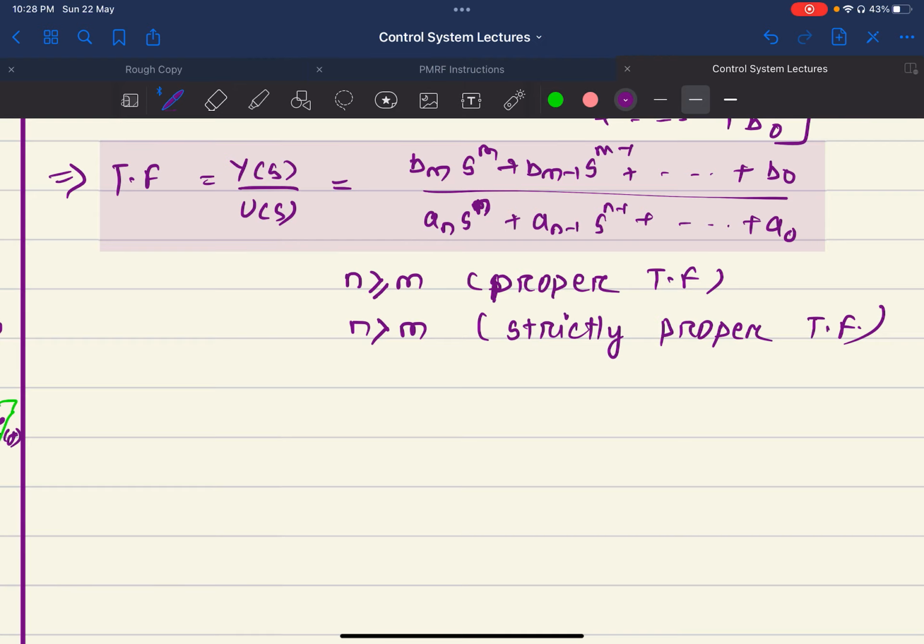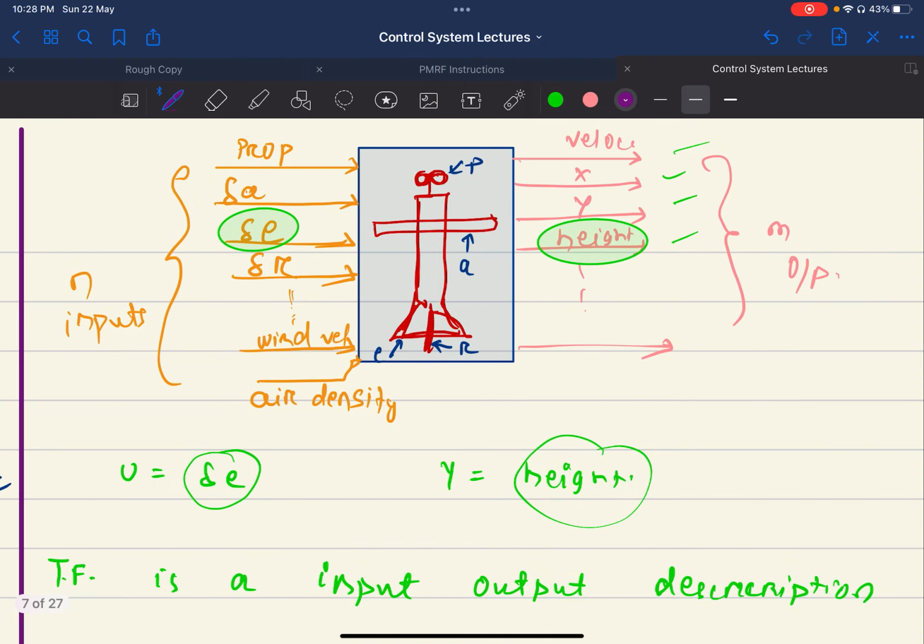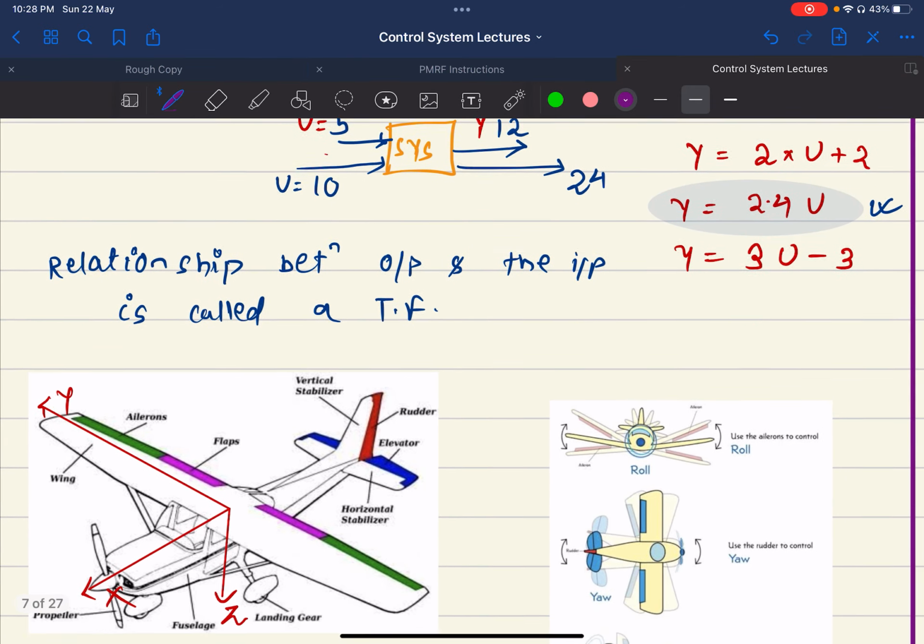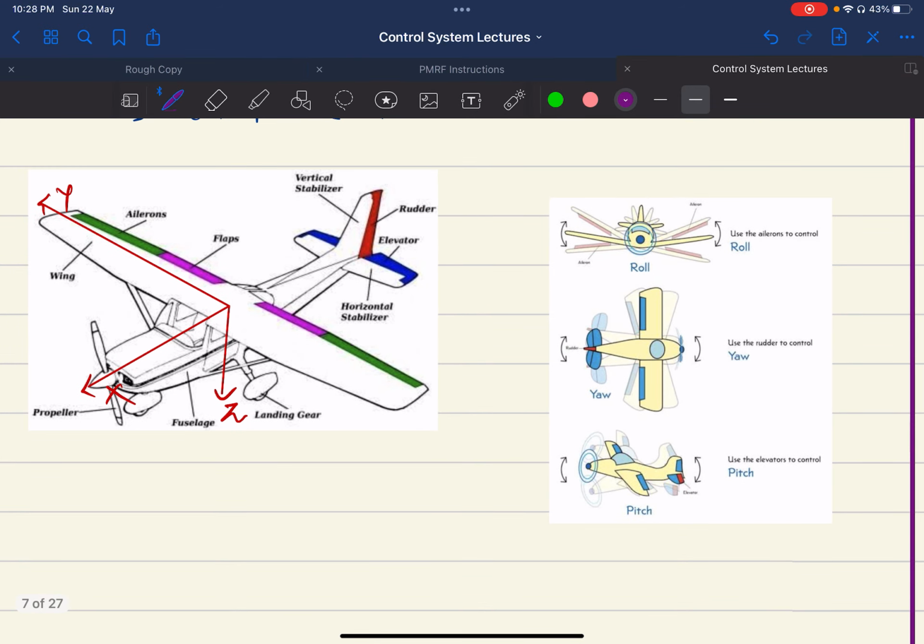So today what we have learned is what a transfer function is and the aerospace aspect of it: by changing the ailerons we can change the roll, which is about the x-axis; by changing the elevator we can change the pitch, like the vehicle going up or down; and by changing the rudder we can change the yaw, which is about the z-axis.